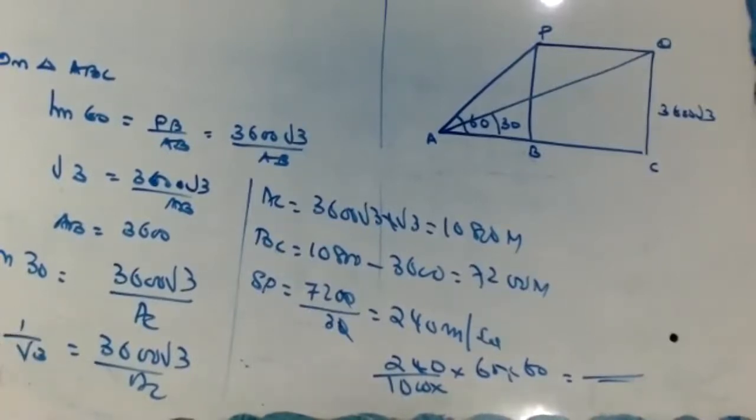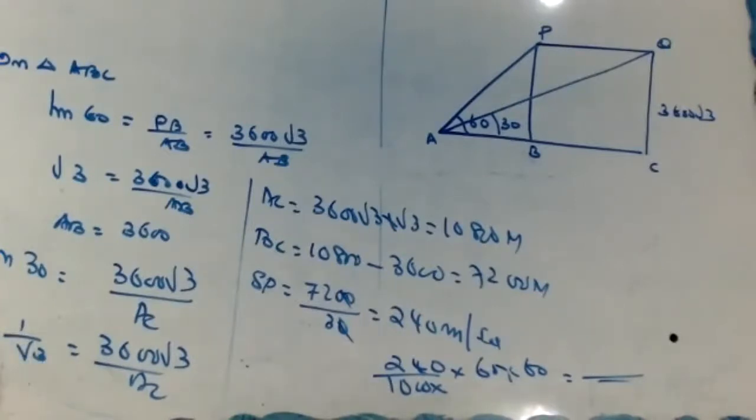Okay, right now. So write exactly like this. Let P and Q be the two positions of the plane, and let A be the point of observation.